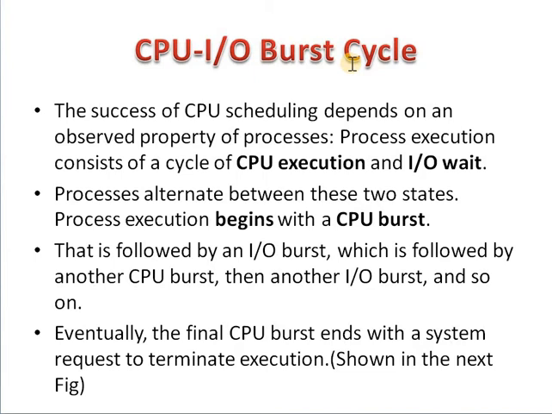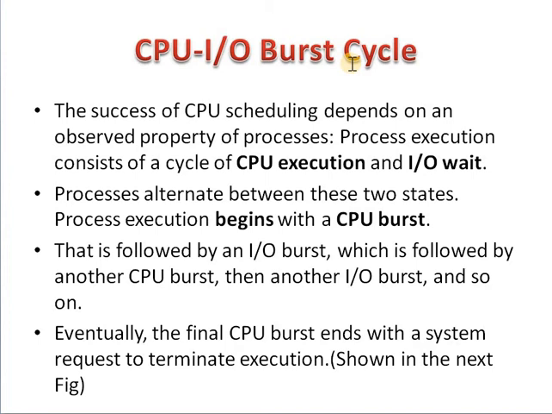That cycle consists of two states: the CPU execution state and the I/O wait state. But whenever the process is executed, it always changes its state, alternately from the CPU execution state to the I/O wait state and again from the I/O wait state to the CPU execution state.